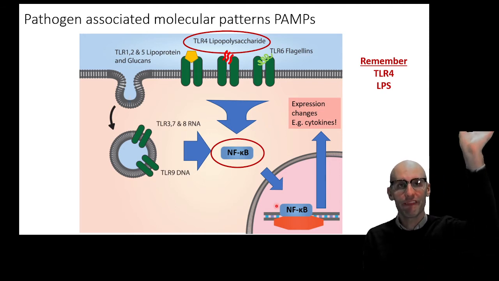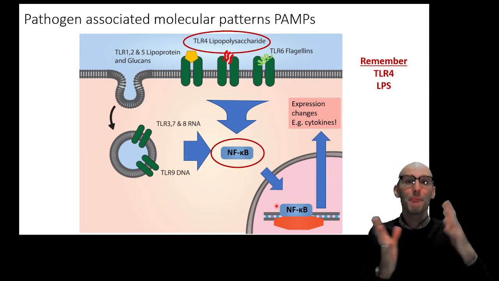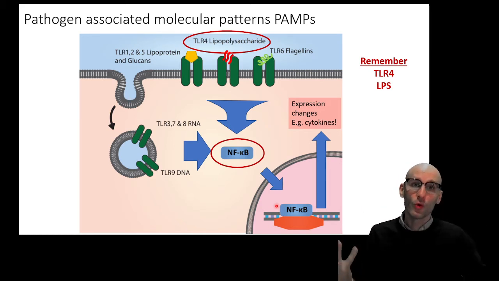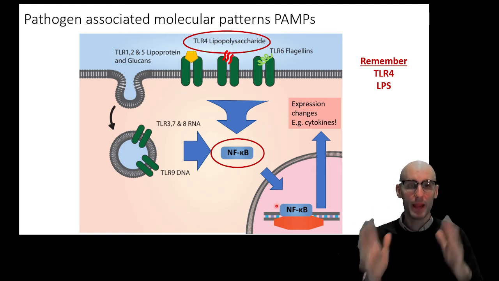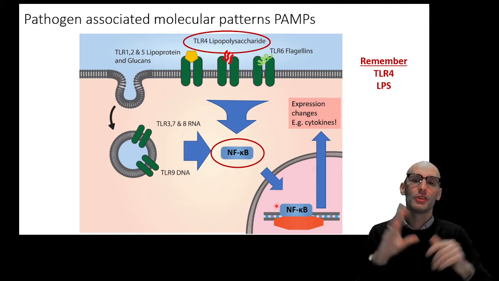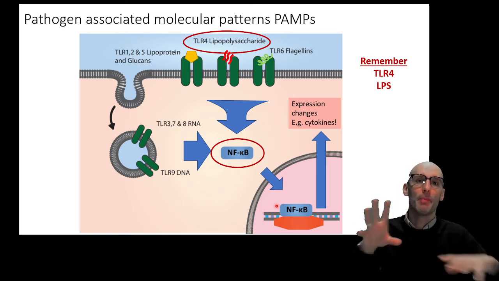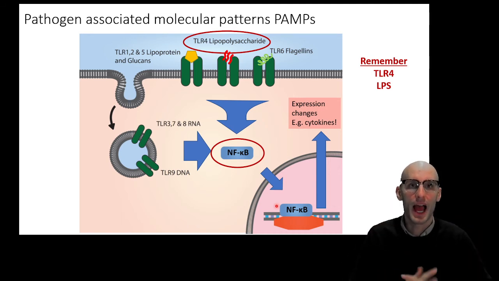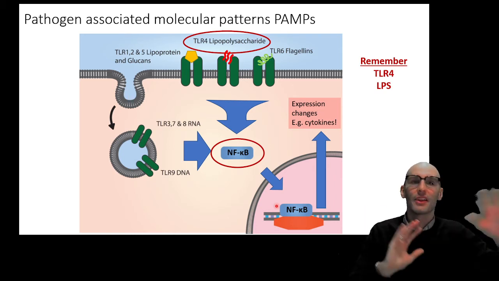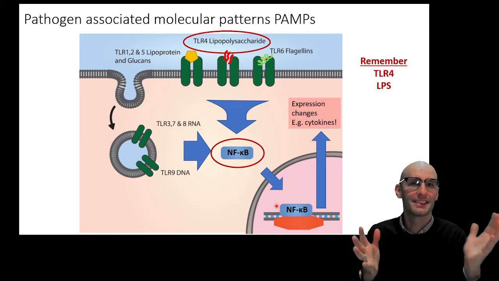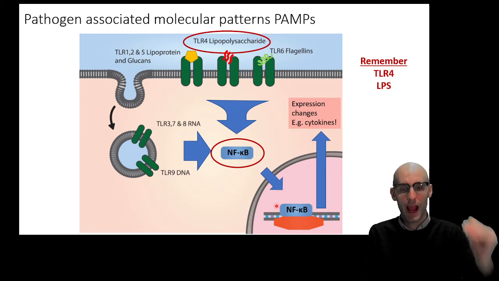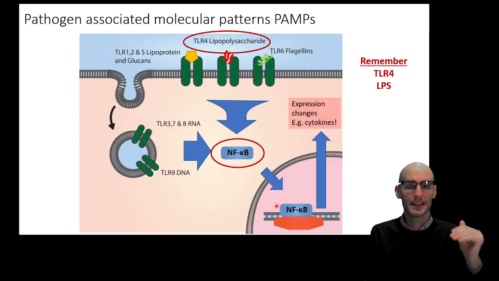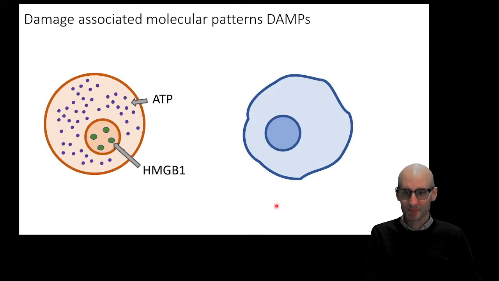If you learn that pathway there, that pathway is very similar in all the other TLRs and many of the other pattern recognition receptors. So if you learn that as an example of a pathway that leads to inflammation and immune cell activation, that example is relevant to all the other examples. It's often just a different PAMP that's being detected. So TLR4, LPS, NFkB. That's the key things I want you to remember there.